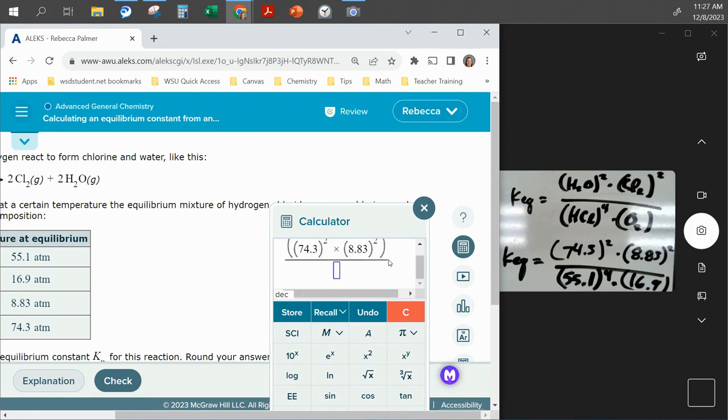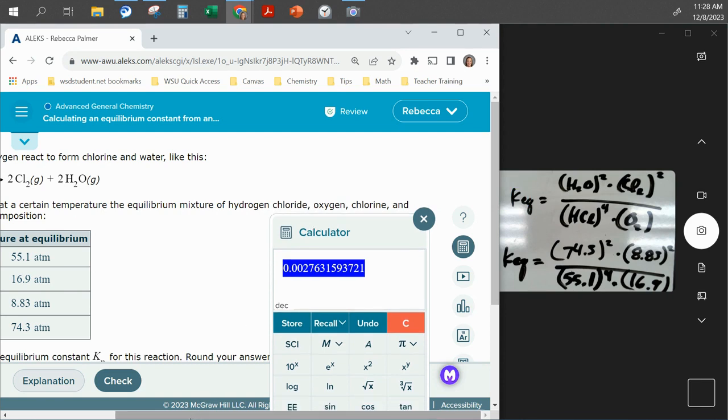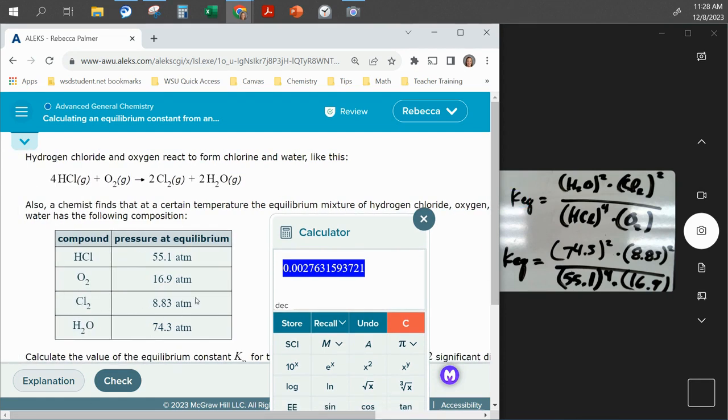And then I'm going to divide by 55.1 to the 4th, times, oops, not the exponent, times 16.9. And then I have this number. I'm probably going to need 3 sig figs. Let's check. See what the homework tells me.